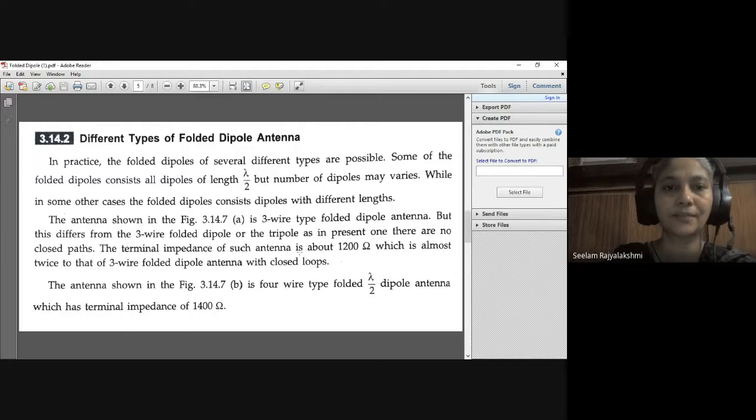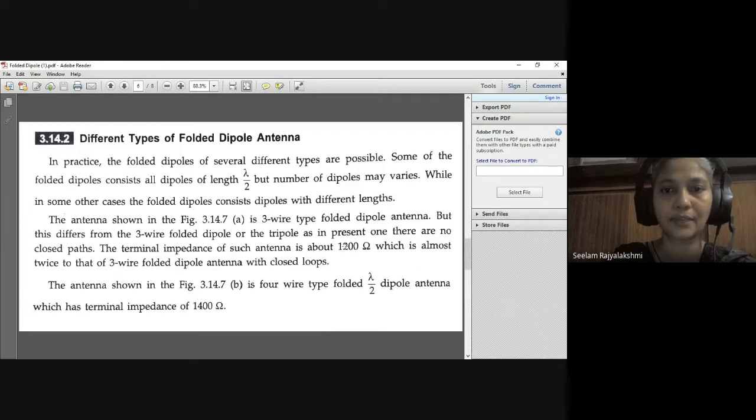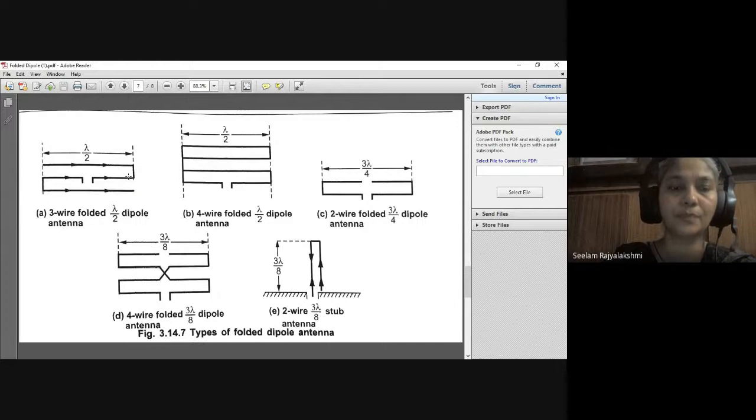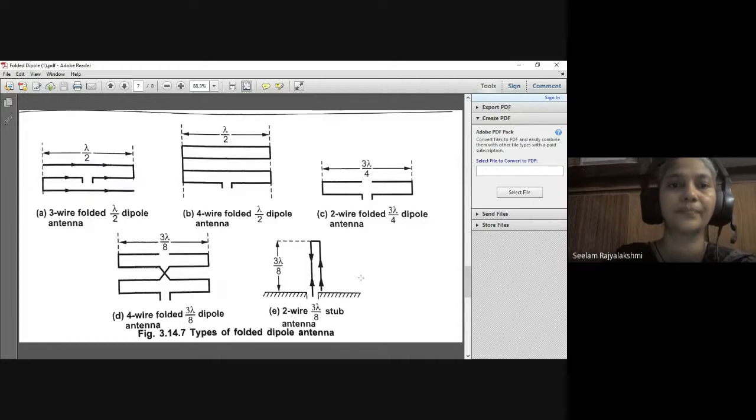And for this figure, 3-wire folded lambda by 2 dipole antenna, which is not closed loops, that is 1200 omega, which is almost twice that of the 3-wire folded dipole antenna for the closed loops. And here it is for open loops. For open loops, the radiation resistance or impedance is twice that of the 3-wire folded dipole antenna with closed loops. That means here it is 1200 omega.